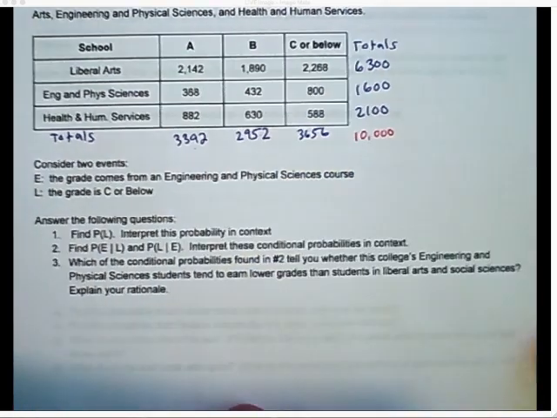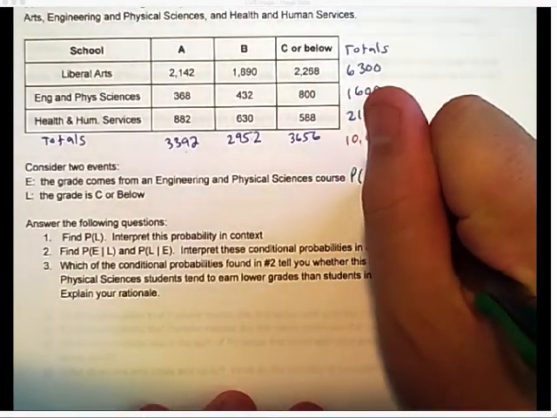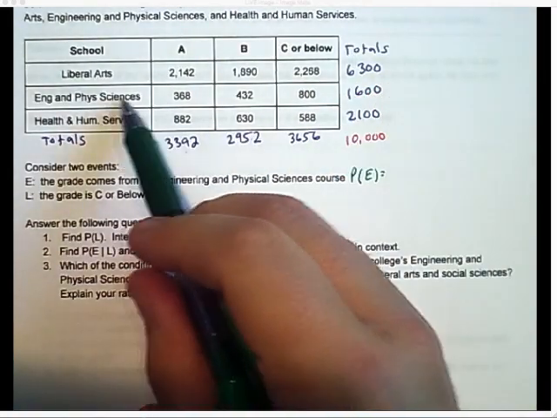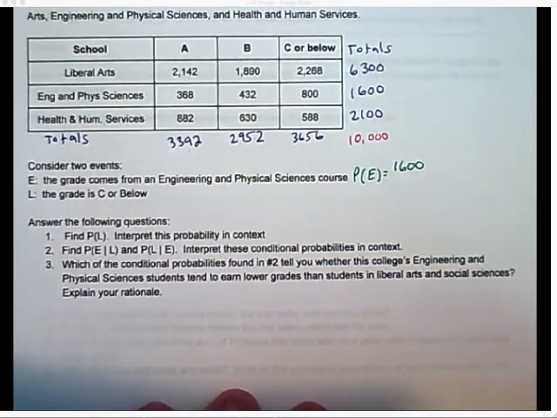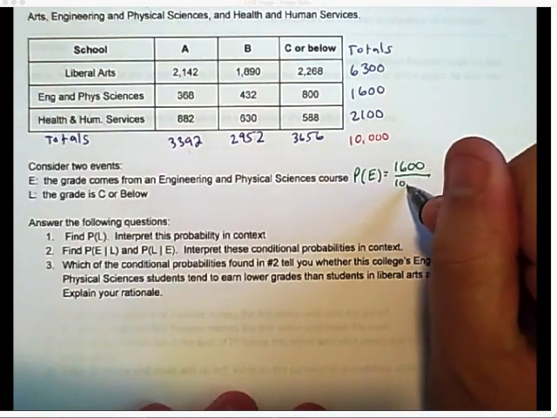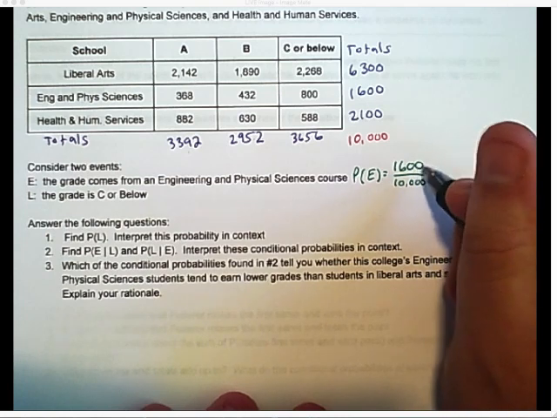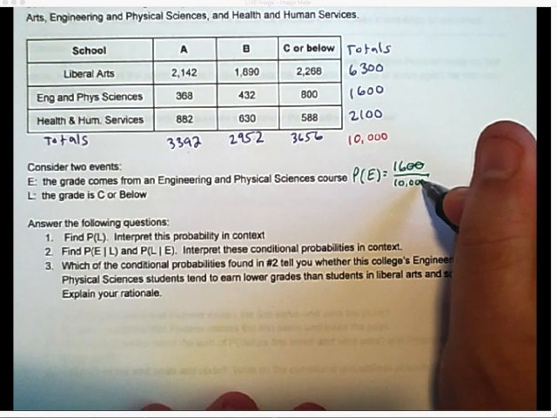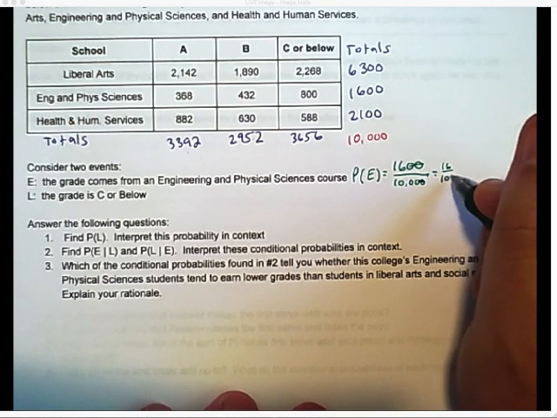So if I want to start to write this down, I can figure out what the probability of E is. Okay. There's 1,600 grades that college handed out of the 10,000. All right. And you can do a little bit of reduction here. You can cross those two out with those two. So this becomes 16 out of 1,000.